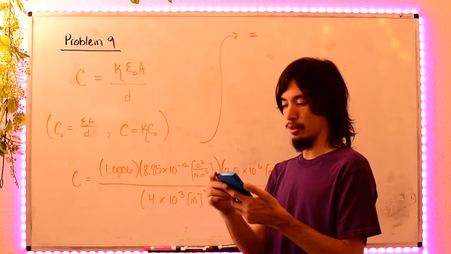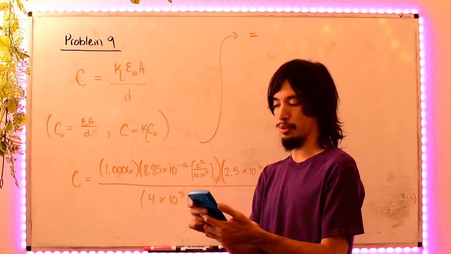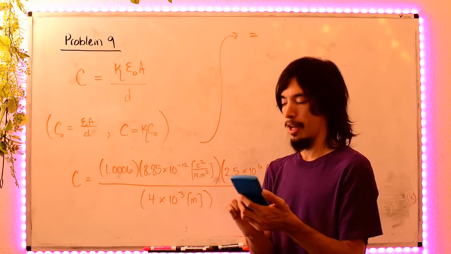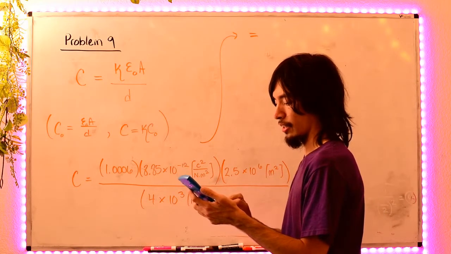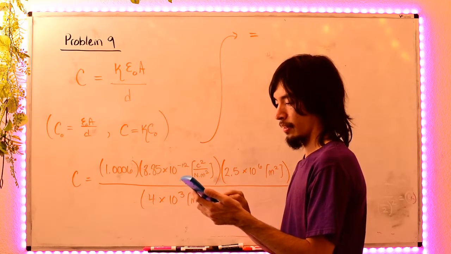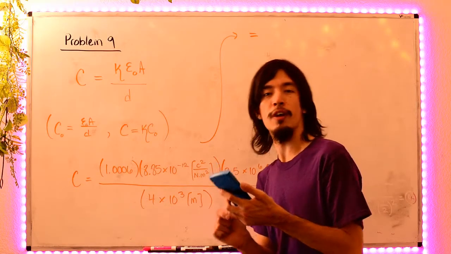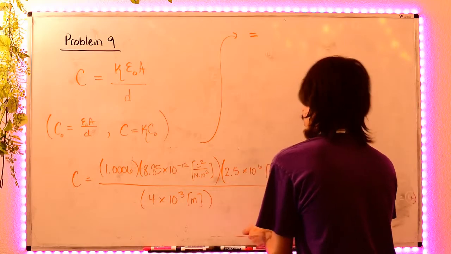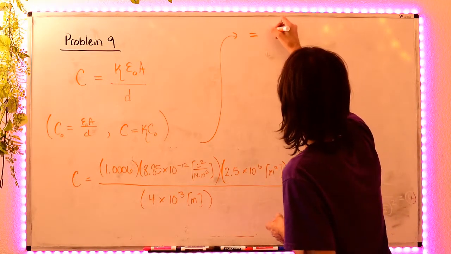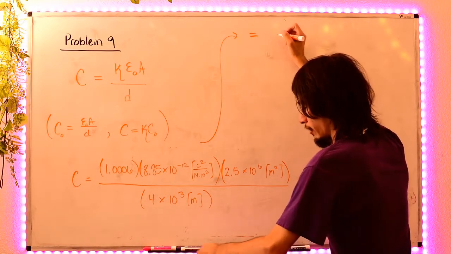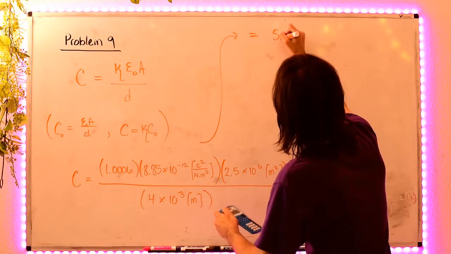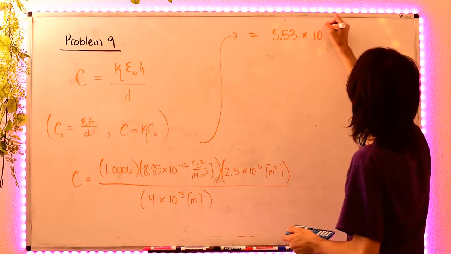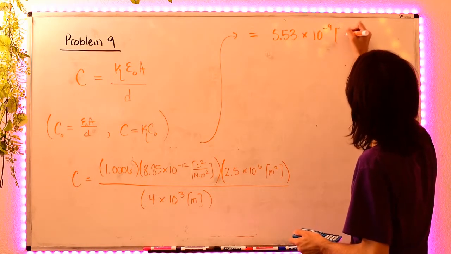It turns out to 3 significant figures, without the dielectric constant, it's 5.53. And if you multiply in the dielectric constant, it is still 5.53 times 10 to the minus 9th. So, no, it didn't really change the answer to 3 significant figures. But you do need to actually show that's how you account for it. 5.53 times 10 to the minus 9th.